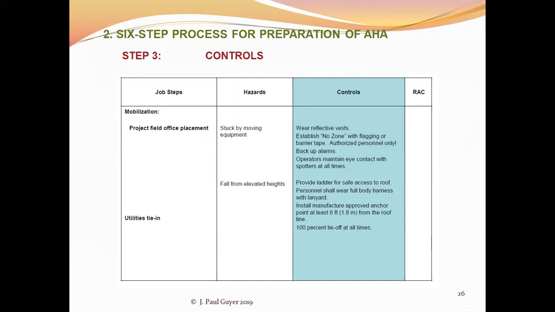Controls were reflective vests, established no-go zones with flagging or barrier tape, etc., etc., etc. Utilities tie-ins, and so step number 3 is spelling out the controls that you need to apply to each one of these steps which presents a hazardous situation.